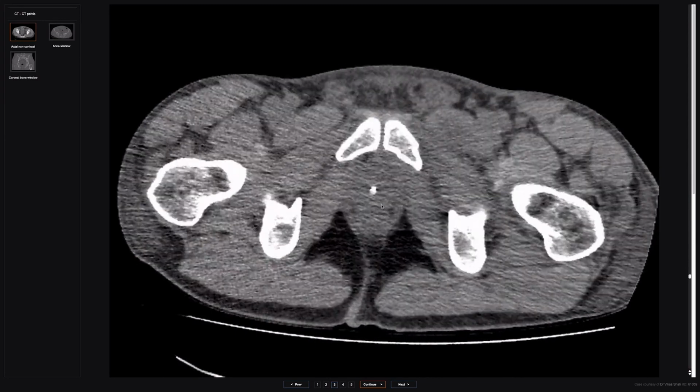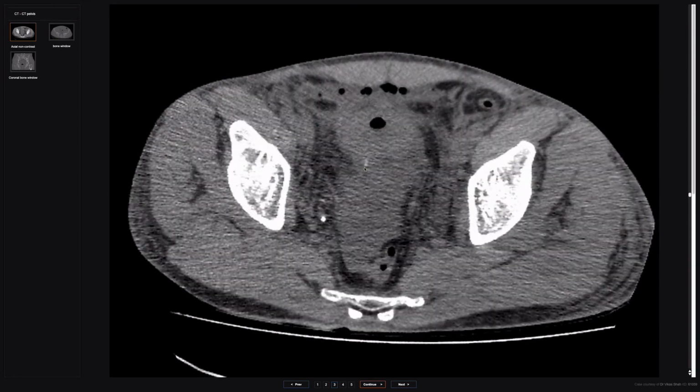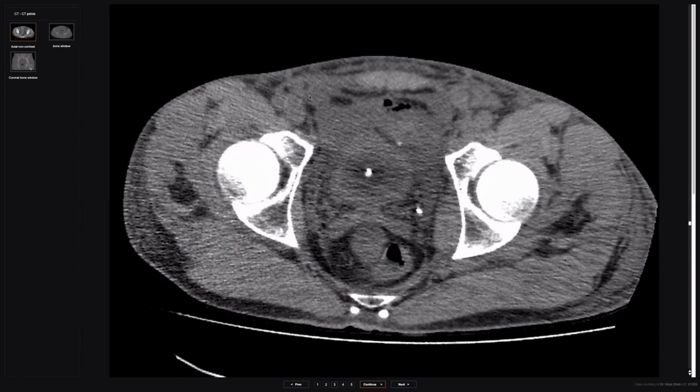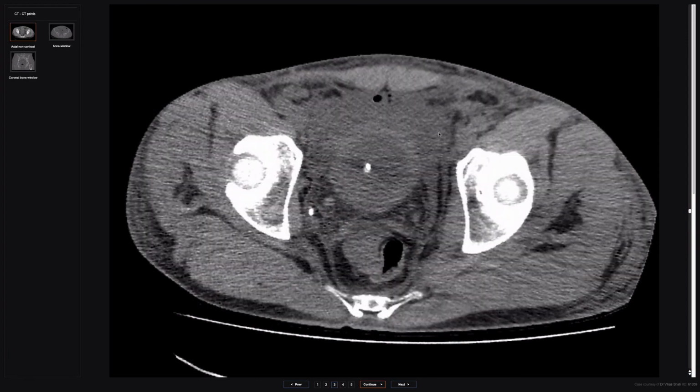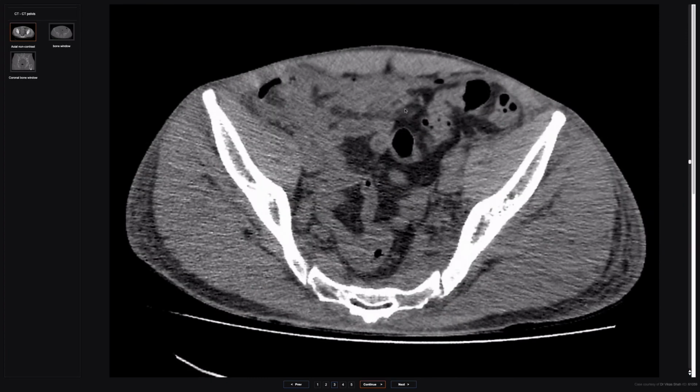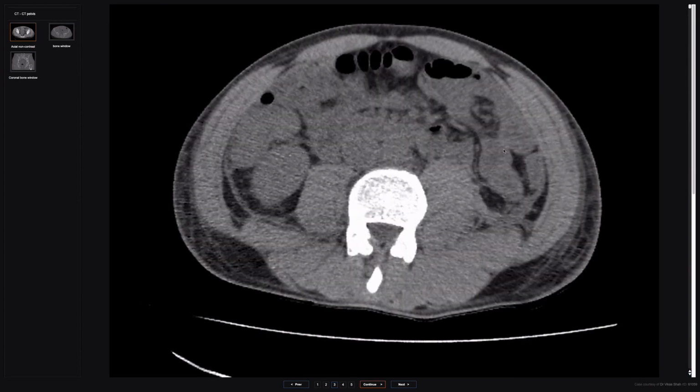So we can see that the catheter is in, there's the balloon within the bladder, but there is a large volume of fat stranding in the anterior abdominal wall, and there's lots of free fluid around the bladder in the lower part of the abdomen and in the pelvis, and quite a lot of free fluid coming up to the upper part of his abdomen.